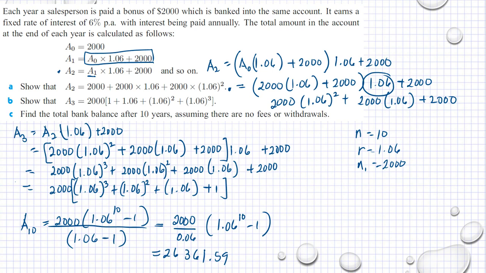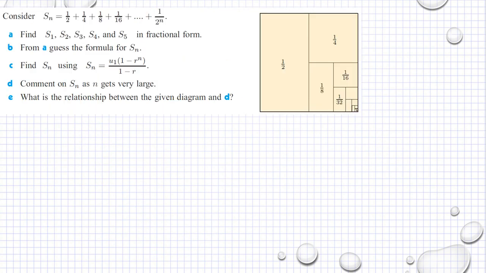Okay, another example. This one. Consider S sub n, as you can see there, 1/2, and we have a figure here also. Then find S sub 1, S sub 2, S sub 3, S sub 4, and S sub 5 in fractional form. So we have S sub 1. We have 1/2, of course.